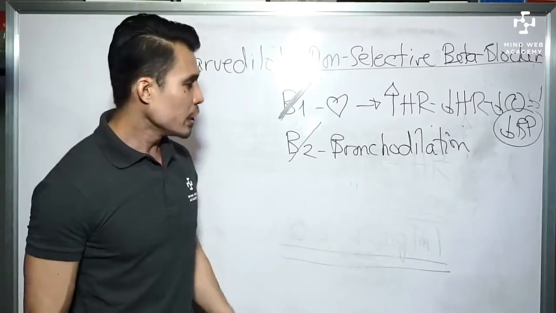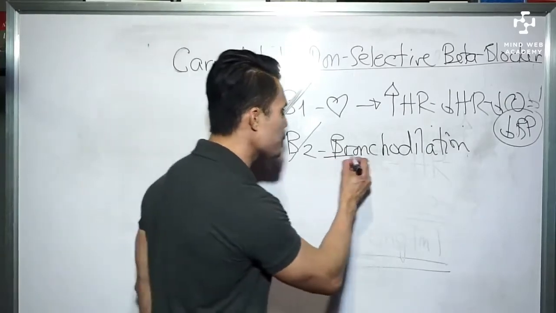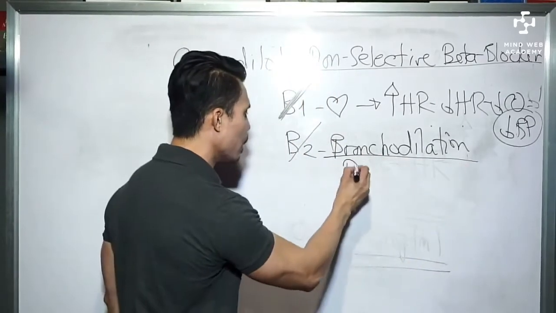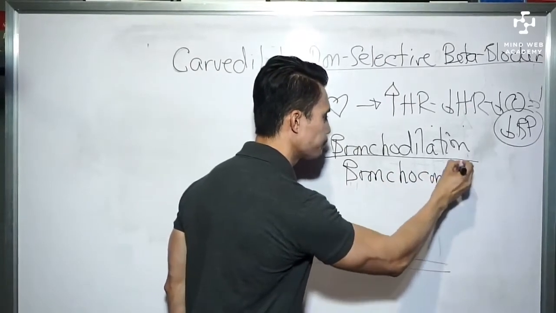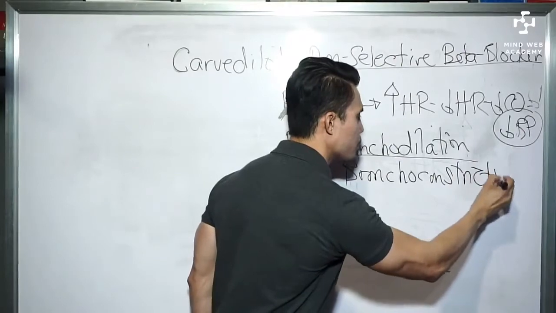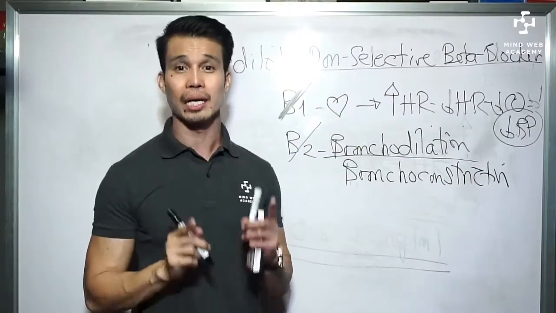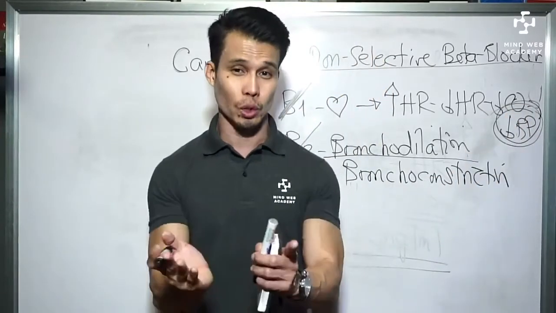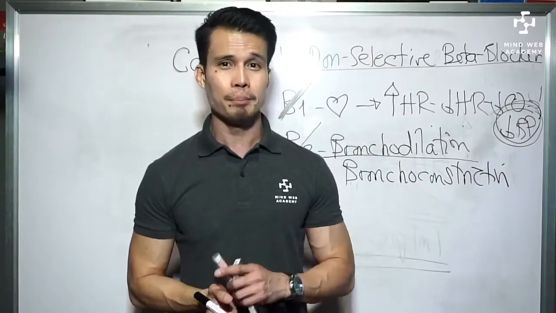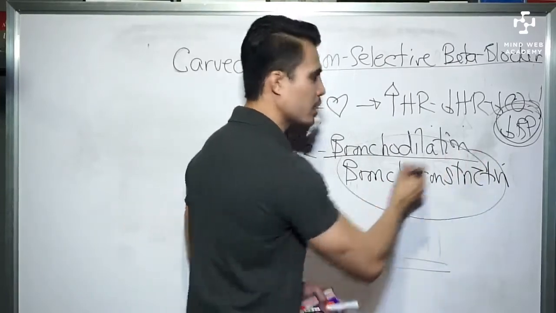If you block the beta 2 receptor site, the bronchodilation will become bronchoconstriction. So what's the therapeutic effect of your carvedilol? It's an anti-hypertensive agent. That's good for patients with hypertension. But since it's non-selective, it can cause bronchoconstriction.